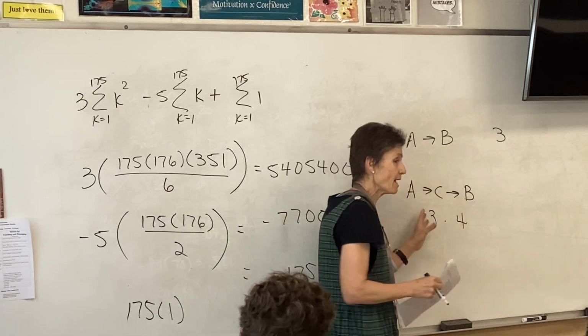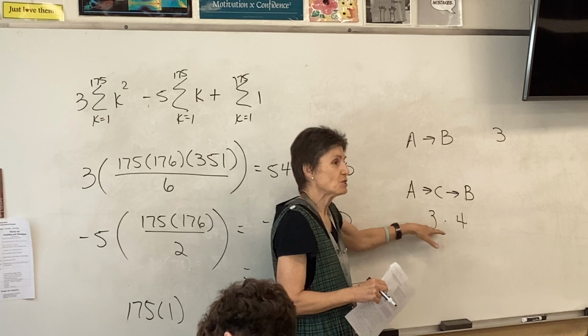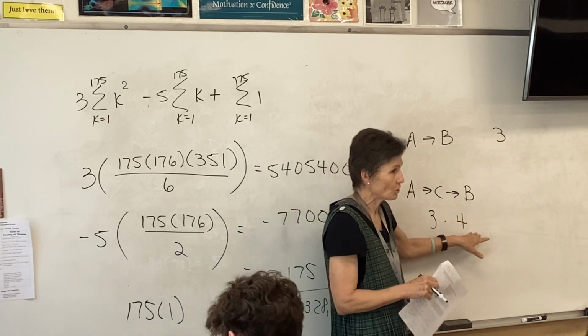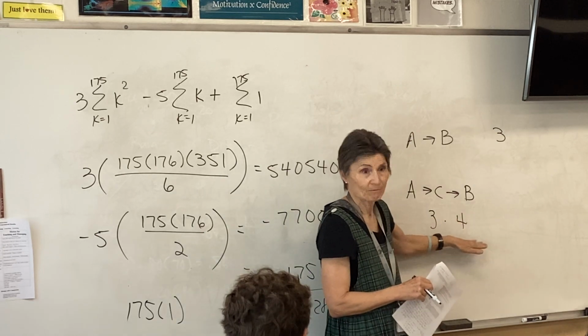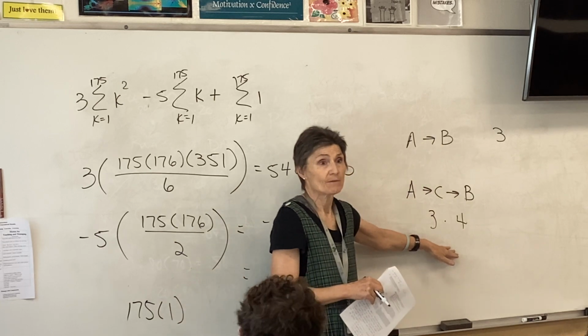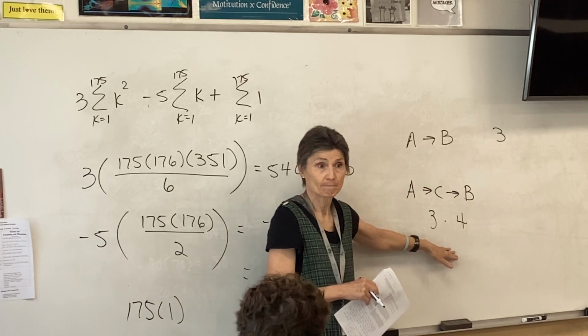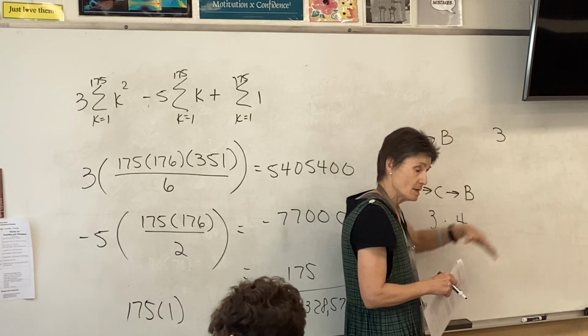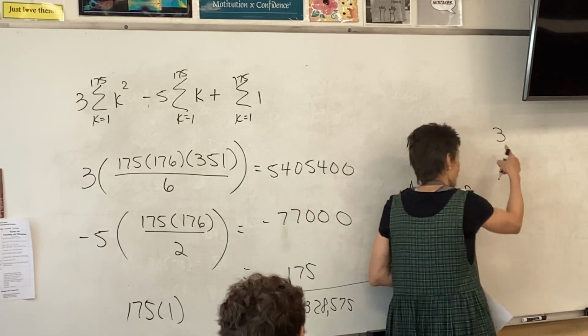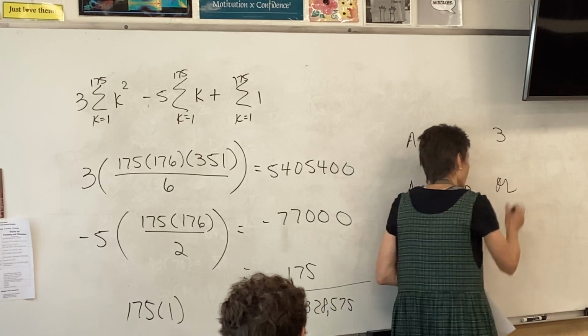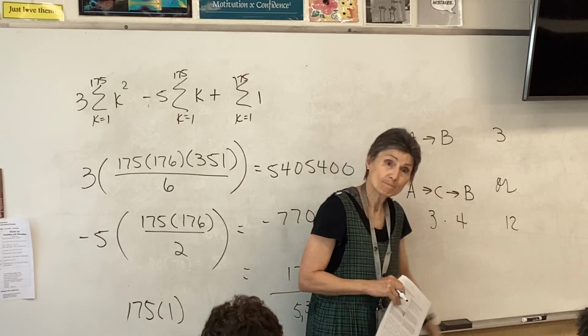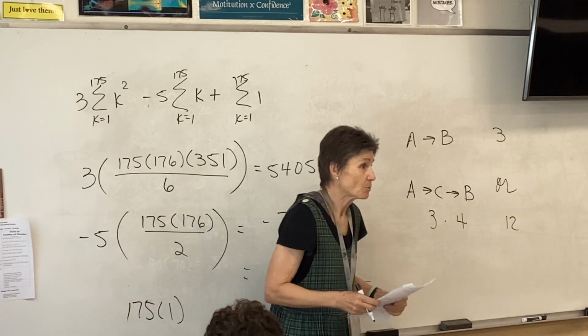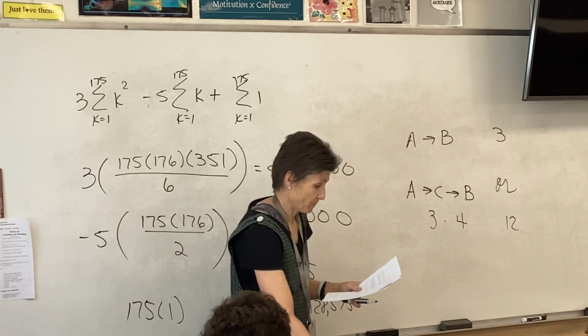So altogether, if I have 3 jumpers and 4 shirts, I have 12 outfits. There are 12 ways that I can get from A to B through C. Well, there are 3 ways that I can get straight there. So I'm either going to go straight there, or I'm going to go one of these roundabout ways. So how many options do I have? 15.